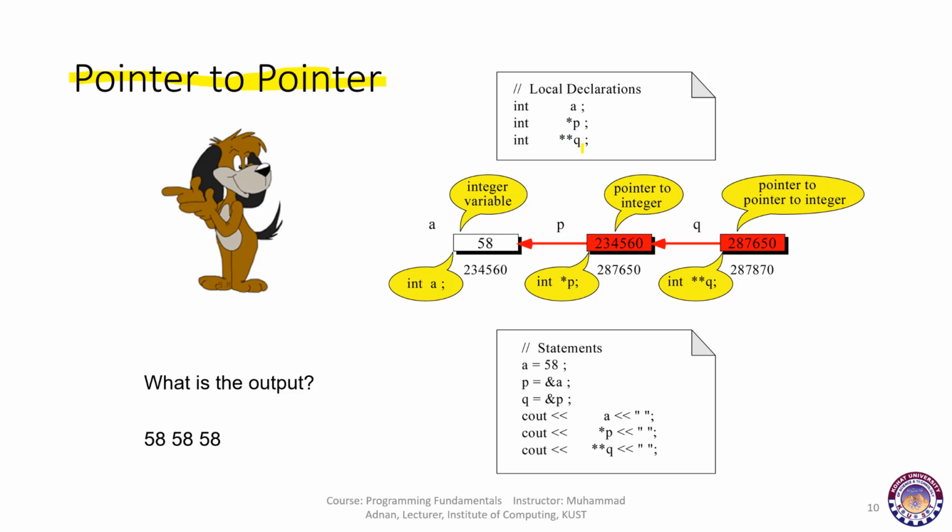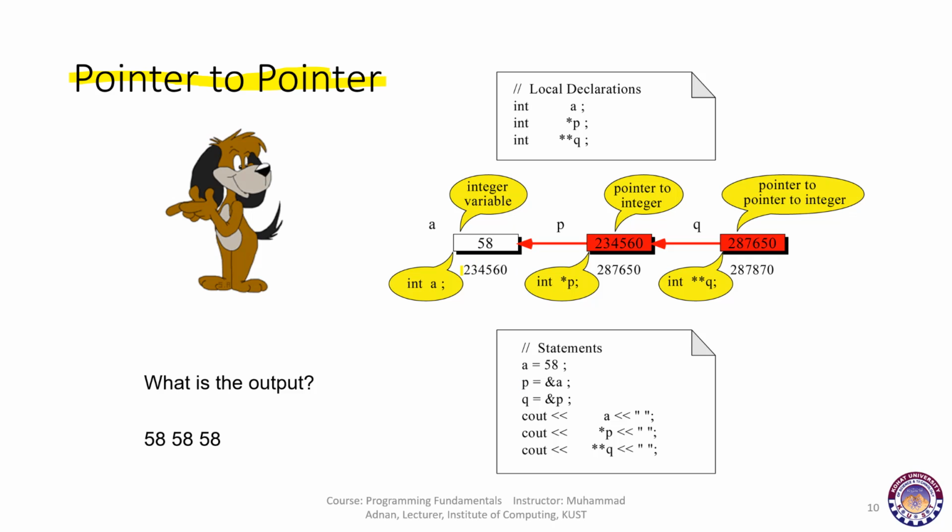So what does that mean? It means that now q has the ability to store the address of a pointer, and a pointer has the ability to store the address of a variable. So for example, we have this integer a, it has a value of 58, as you can see here, and we store the address of a in p.